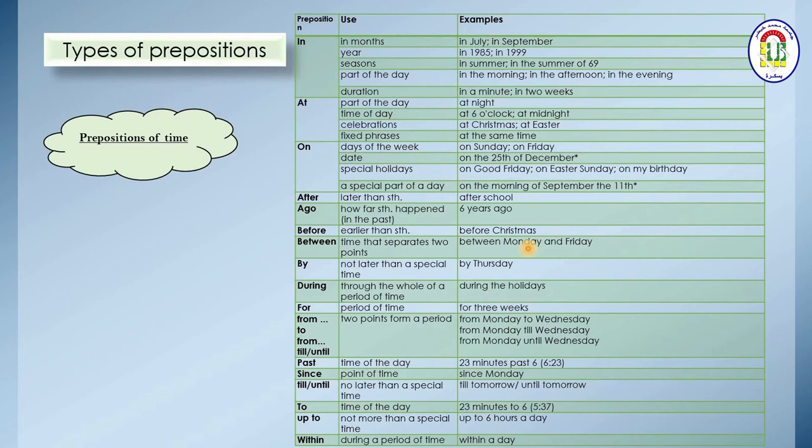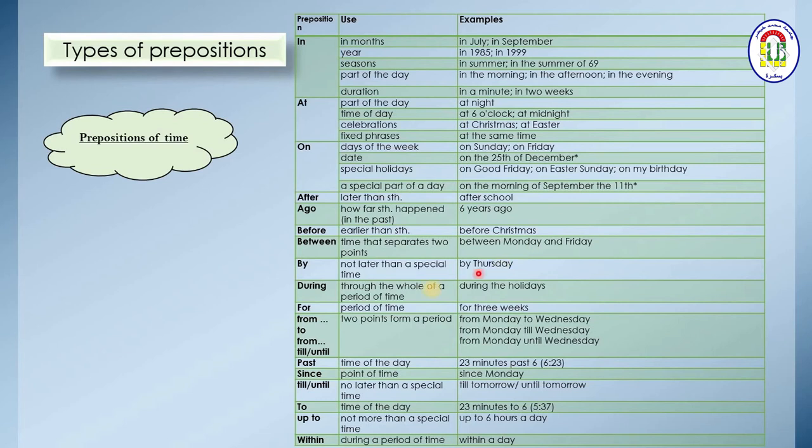Between me and you. So it is used for something else, but here it is used for the time, and that's why they can be interchangeable. So I can have the same preposition with time, with place, with location, with something else.